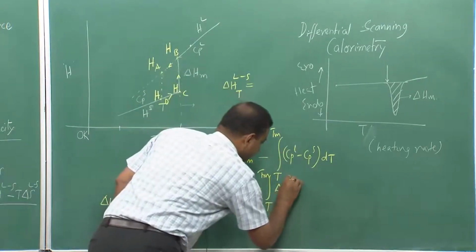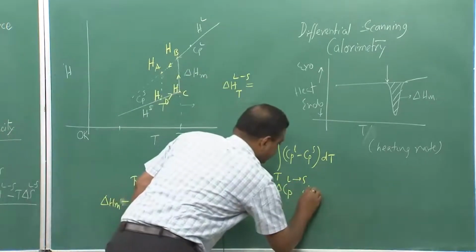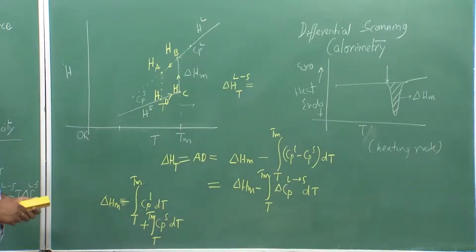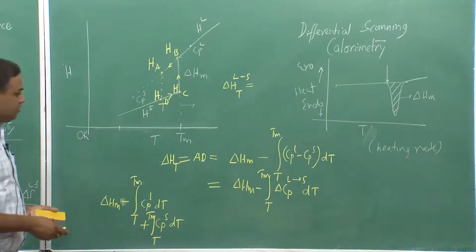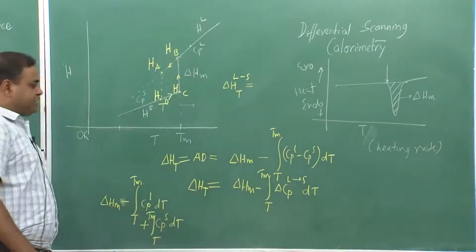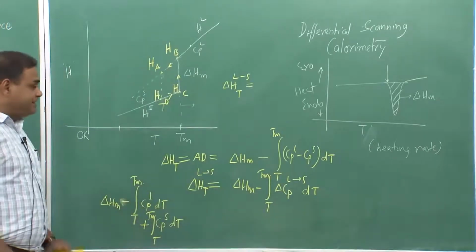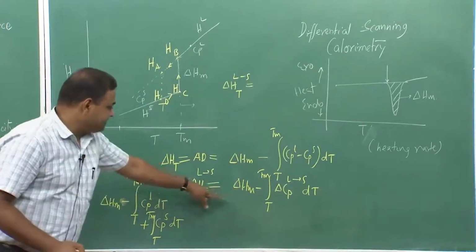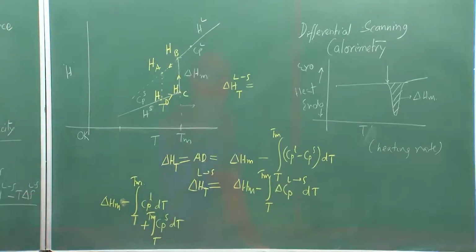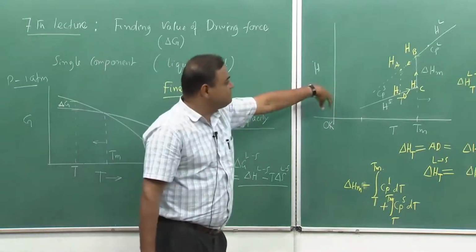So, finally I can write del Hm minus the integral from T to Tm of del Cp dT, since it is solid to liquid, so I can put liquid to solid, okay. So, I get this information, fine. So, now del H T is basically the liquid to solid transformation, fine.